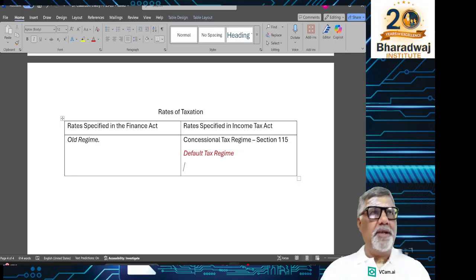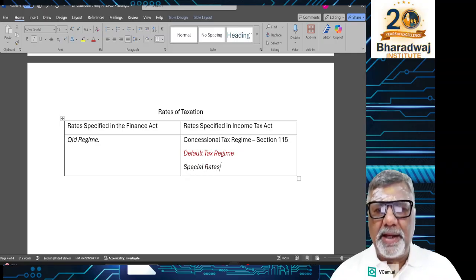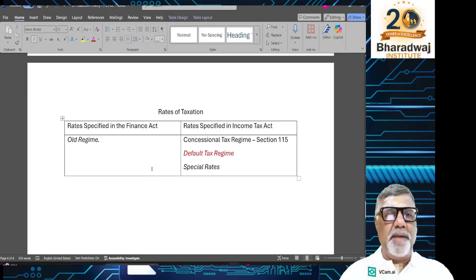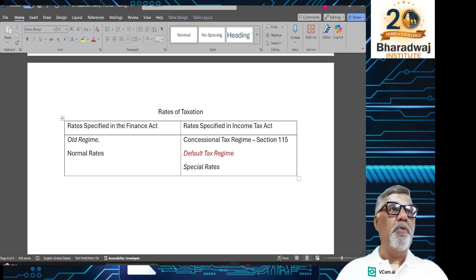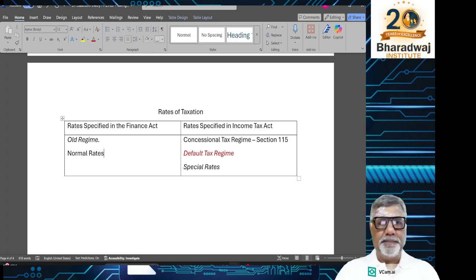All special rates are coming under income tax law only. Here it will only be normal rates. All special rates will fall under the income tax law only. Am I clear to you? Okay.